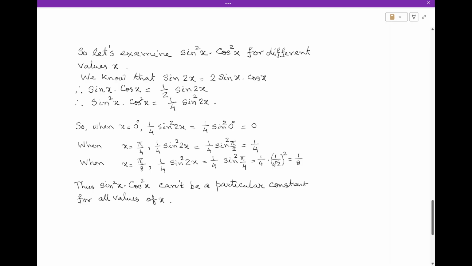So let's examine sin square x multiplied by cos square x for different values of x. We know that sin 2x is equal to 2 sin x multiplied by cos x.